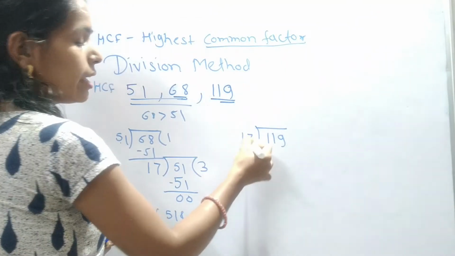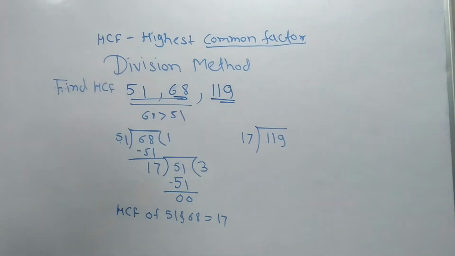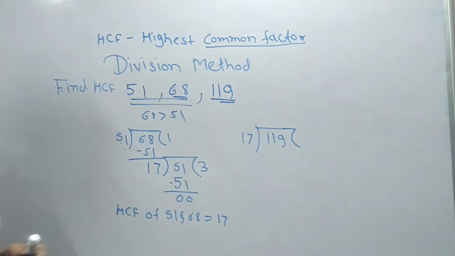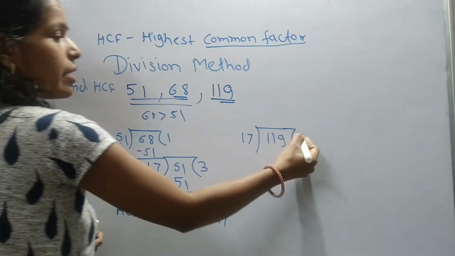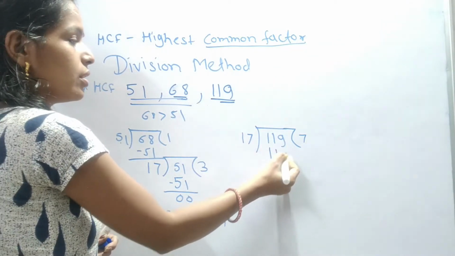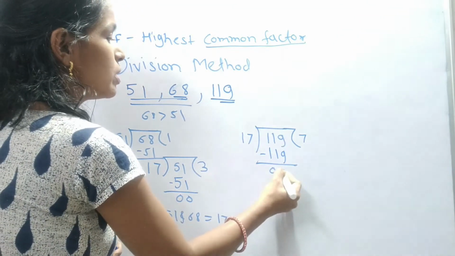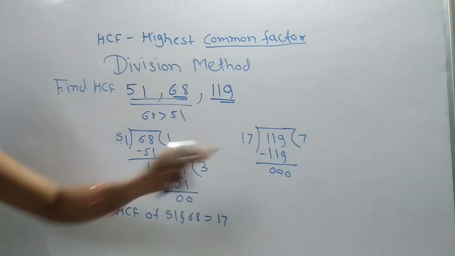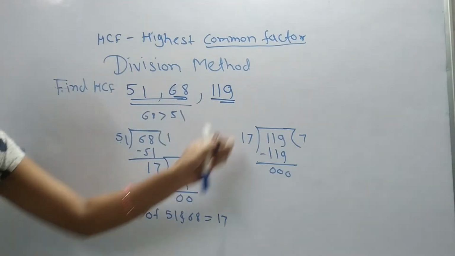119 divided by 17. We know that in the table of 17, 7 जा 119. Okay, so the remainder will come 0 here directly at the first stage only. So this first divisor, that is 17, is the last divisor of the total division.